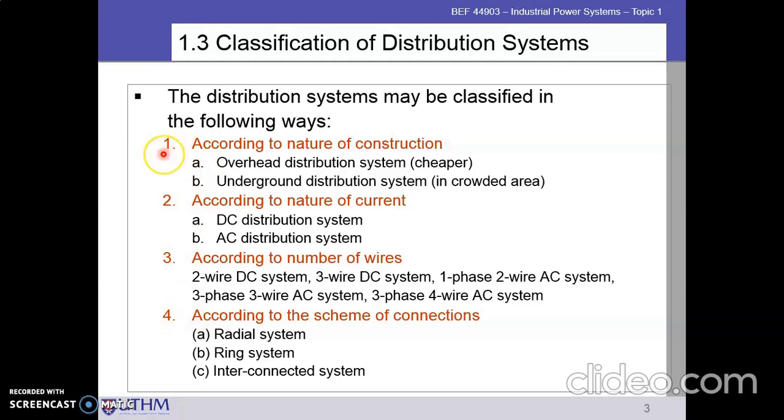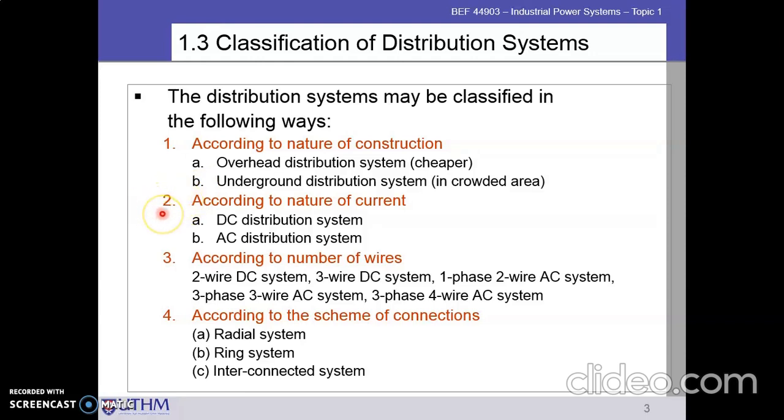For the first, according to nature of construction, we have to consider two types: the overhead distribution system and also the underground distribution system.